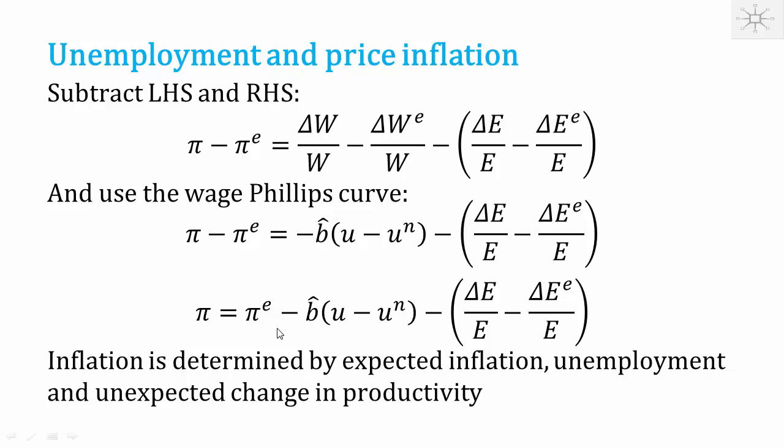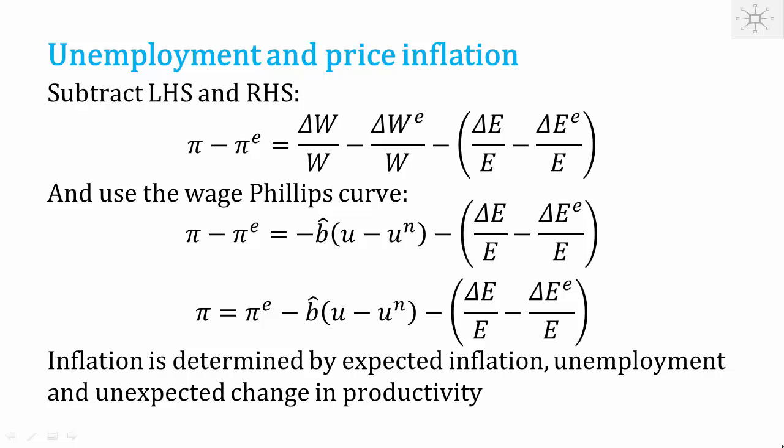And then we get this: the deviation of inflation from expected inflation is equal to the deviation of wage increase from the expected wage increase minus the deviation of productivity from the expected productivity growth.